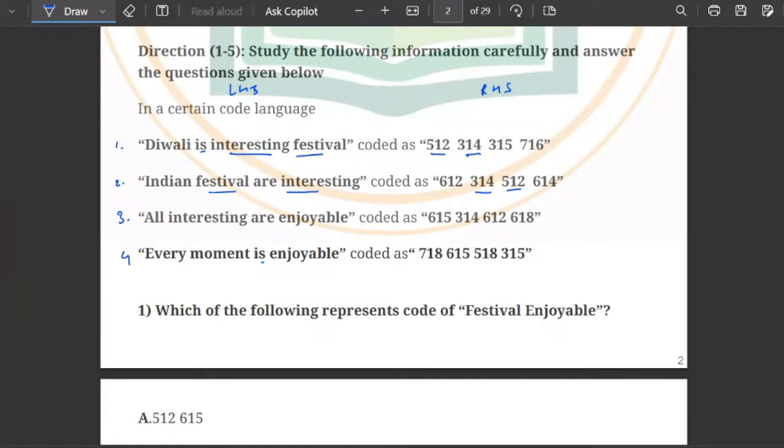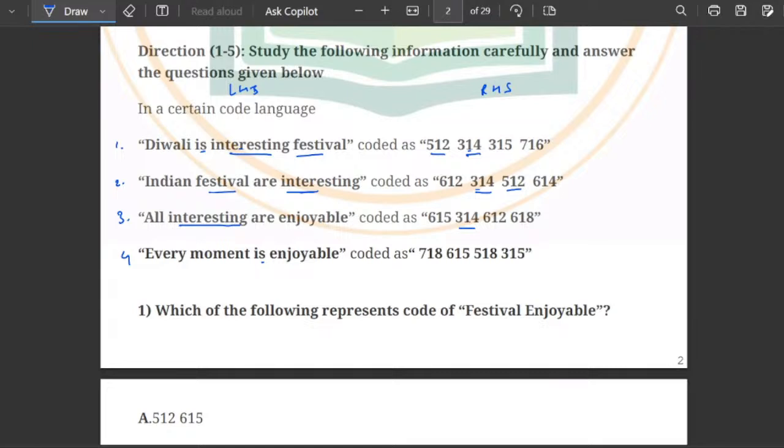Since we have two words on the left and two on the right, we are not able to tell which code is for which word. So we look at the third statement. What is common in first, second and third? Interesting.